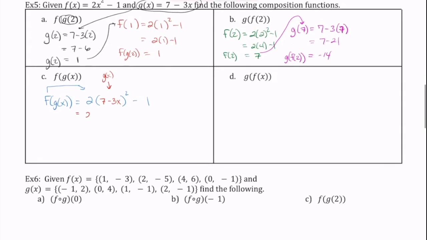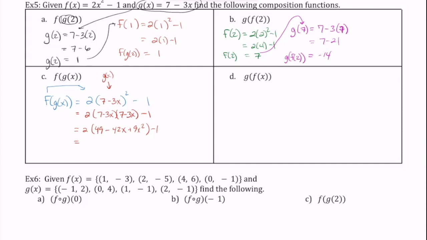All right, so this is 2 times, remember, this is 7 minus 3x, 7 minus 3x, and then minus 1. And you can play around with that, and it's going to be 49 minus 42x, and then plus 9x squared, and minus 1.